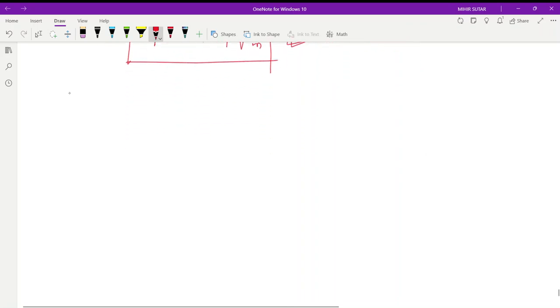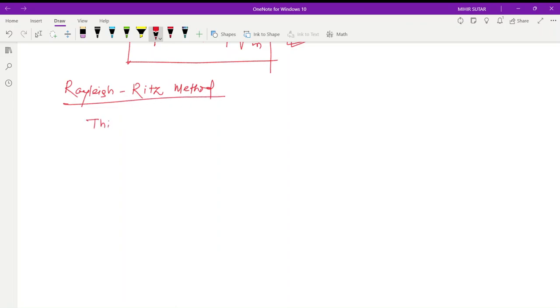Now the last part of this lecture is the Rayleigh-Ritz method. Okay. So this method, you can say, is an extension of Rayleigh's method.